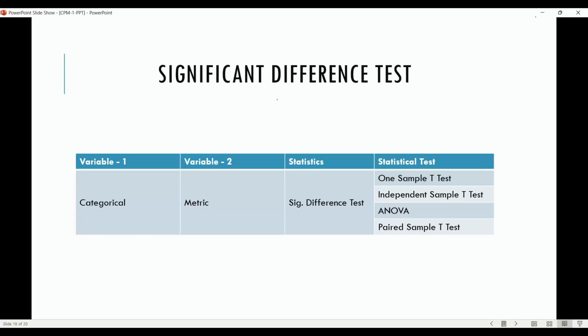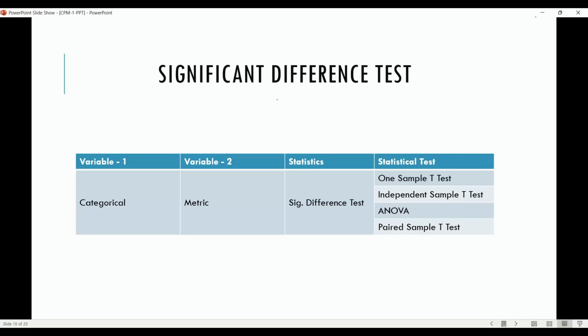When it comes to the t-test, there are different types of t-test. The most important thing you have to understand is that there are non-parametric tests and parametric tests. I don't want to get deep into that because I want you to clearly understand what this entire statistics and data analysis is all about.